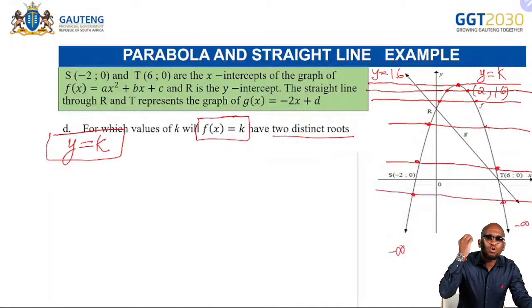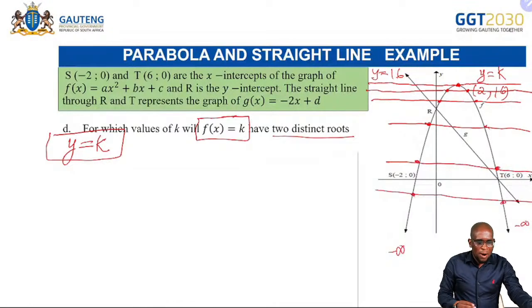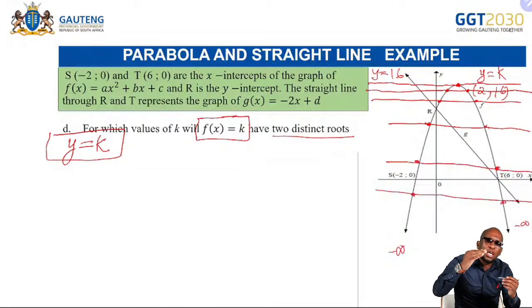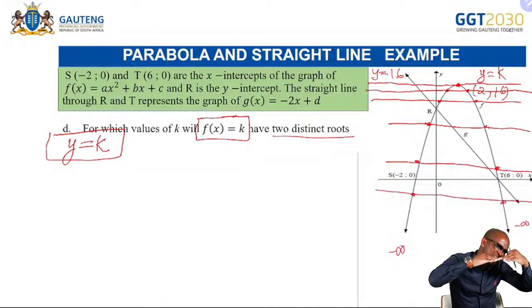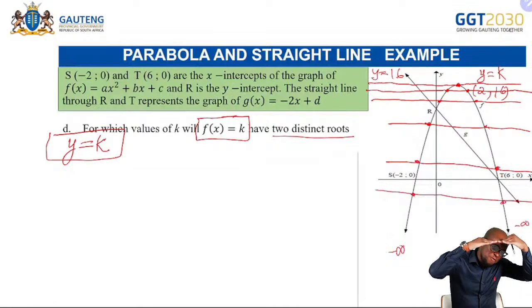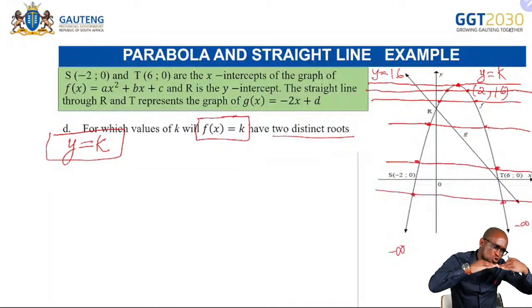So you have your two distinct roots. But it does not only occur in one place, it occurs just below the turning point going down. So it occurs on the whole region that is below the turning point.